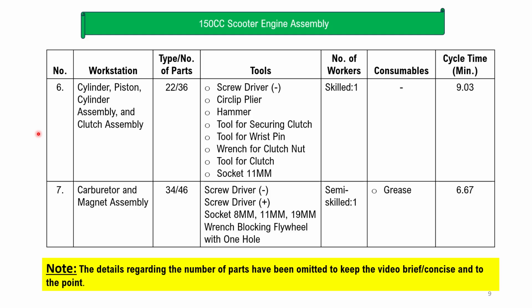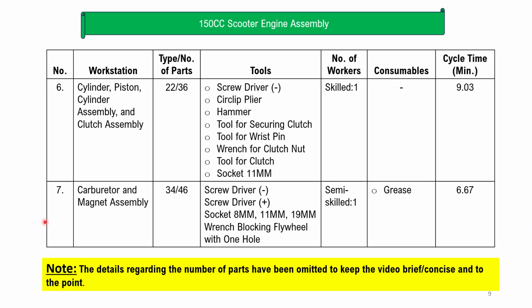Type of parts are 22 and the number of parts are 36. Tools required are screwdriver minus, circlip plier, hammer, tool for securing clutch, tool for wrist pin, wrench for clutch nut, tool for clutch, socket 11 millimeter. One worker is required and the cycle time is 9.03 minutes.